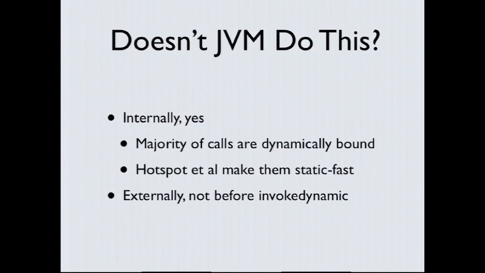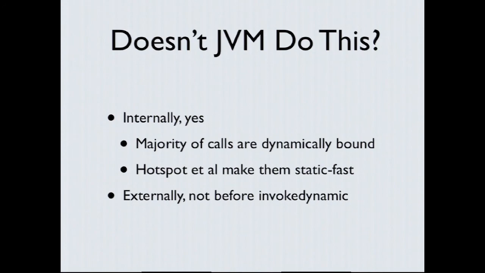So now, doesn't the JVM kind of do this stuff already? Well, internally, yes. The JVM is very dynamic, and it can wire together pretty much any 2 pieces of code if it can figure out a path from one to the other and optimize it like any piece of Java code. The trick is getting it to realize that all of our plumbing in between a call and a target method can just be folded away and disappear.